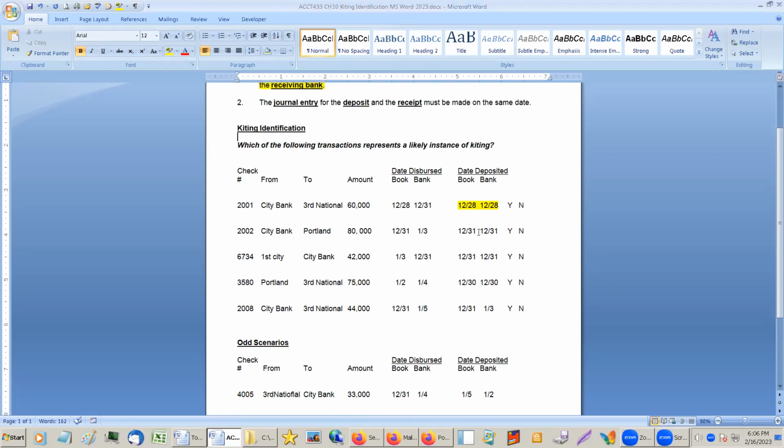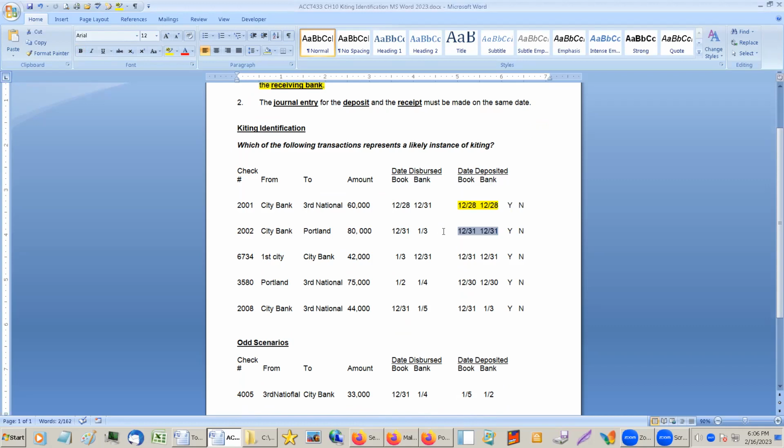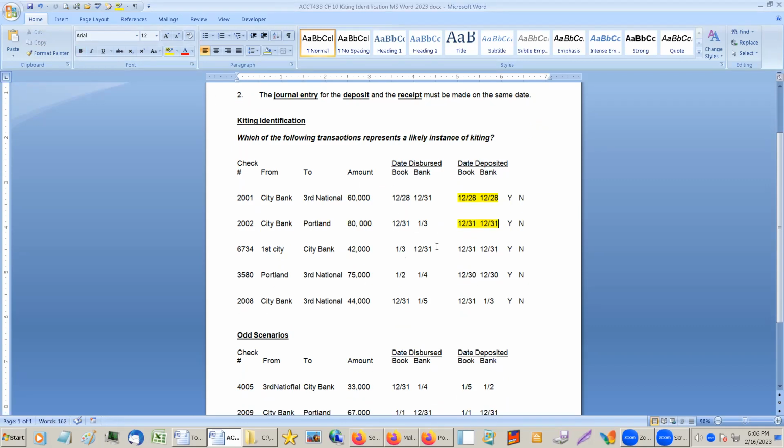It is okay. And let's just go through these for the first criterion only. So the journal entry must be on the same date. Second one, same date or before. That's fine.